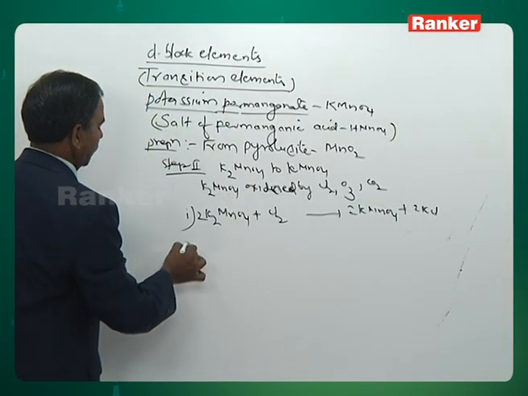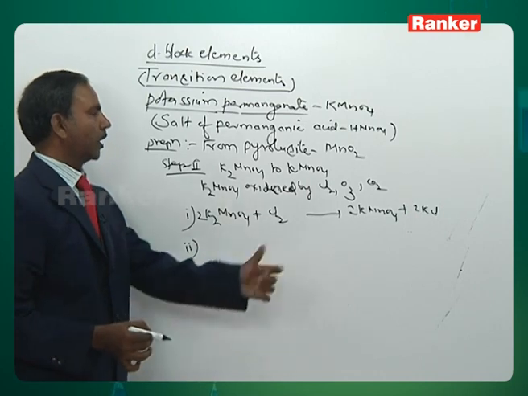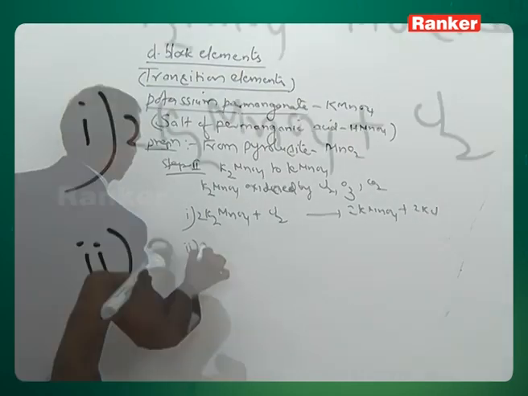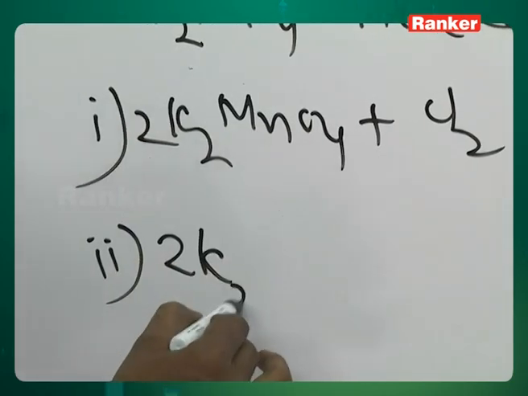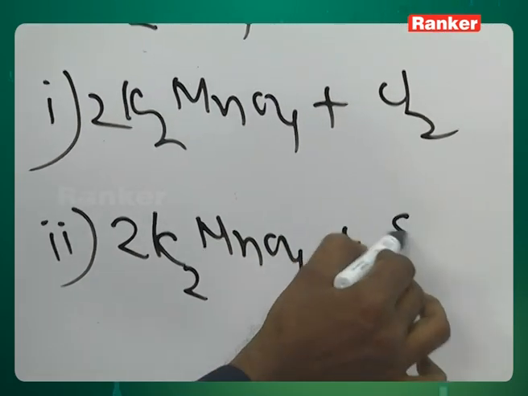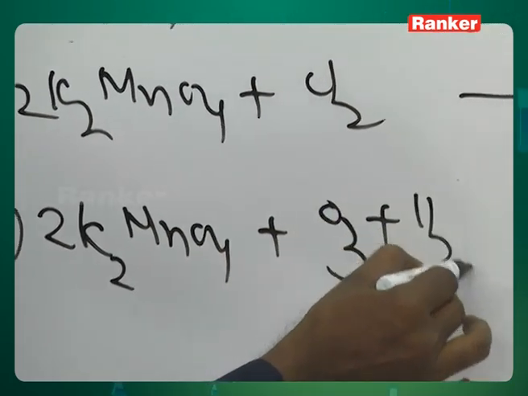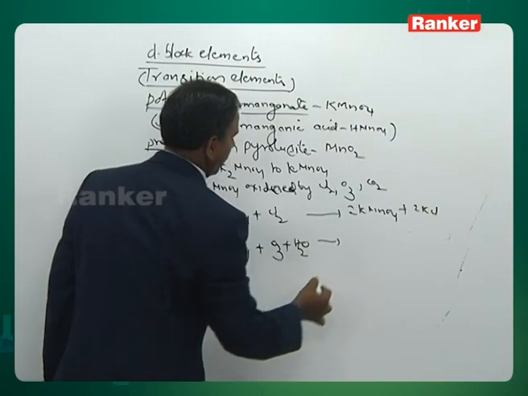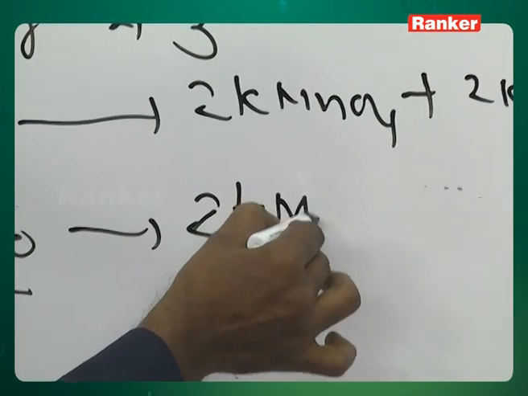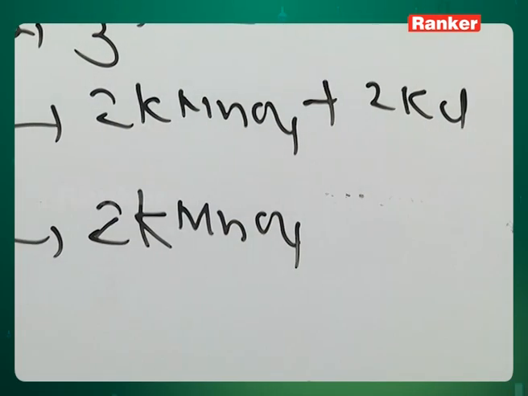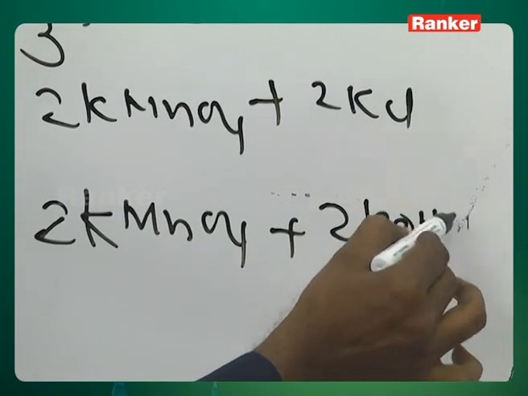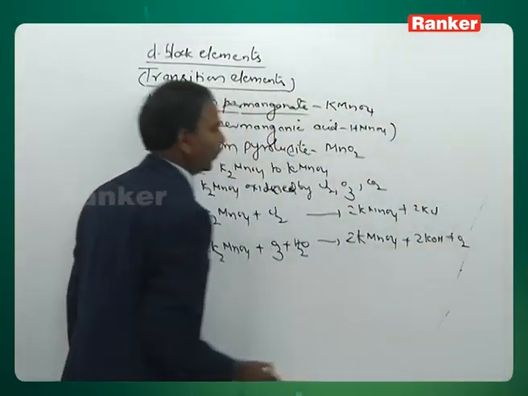Similarly, the second way of conversion of potassium manganate to potassium permanganate is by oxidation with ozone. 2K2MnO4 plus ozone in presence of water, then also you get potassium permanganate, 2KMnO4, plus 2KOH plus O2.